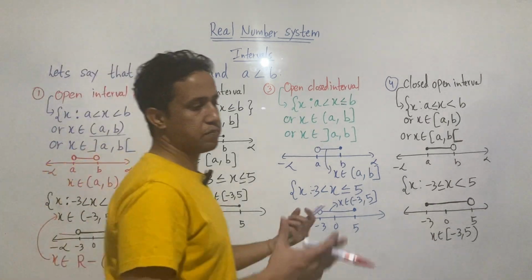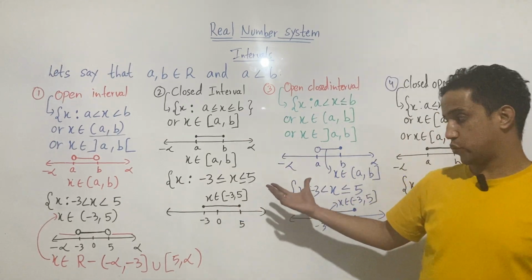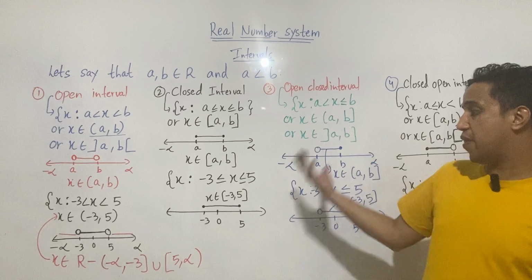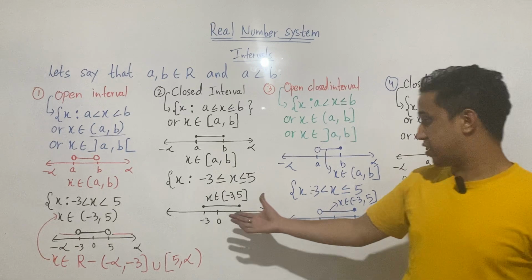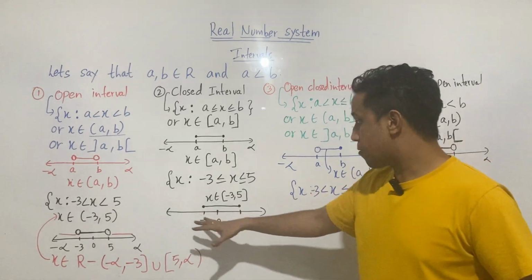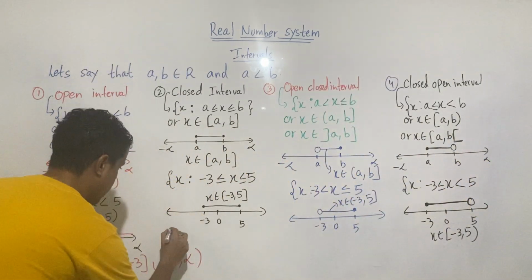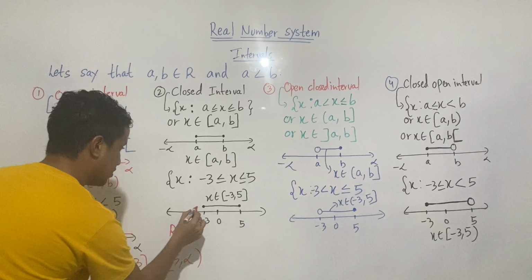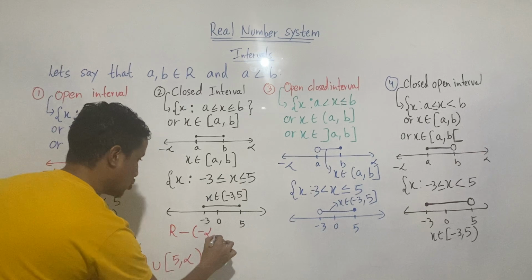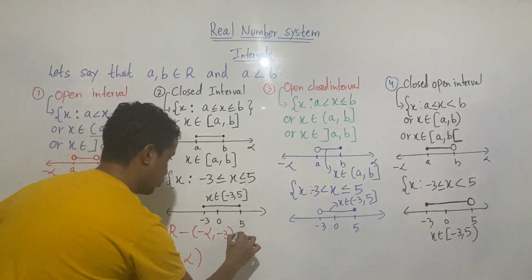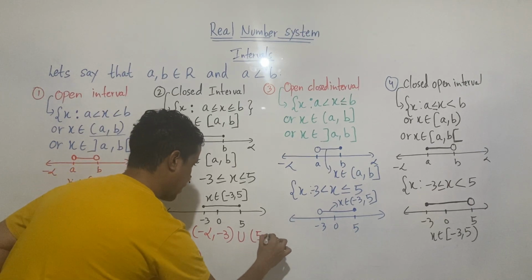Once you get this interval, there are different ways to represent it. The other way here is R minus, this is your closed interval, so I can say minus infinity to minus 3 open, union 5 to infinity.